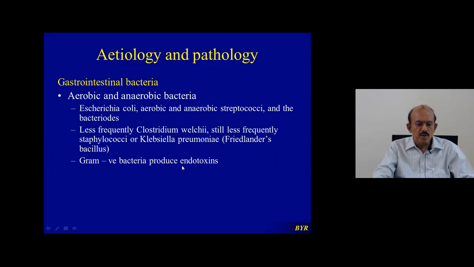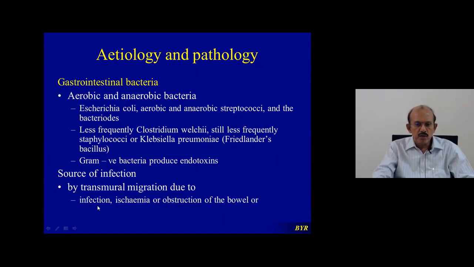Gram-negative bacteria produce endotoxins. Source of infection by transmural migration due to infection, ischemia, or obstruction of the bowel, or due to perforation. So what you have said is being mentioned here.